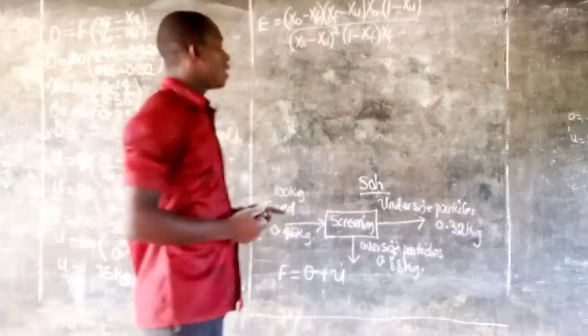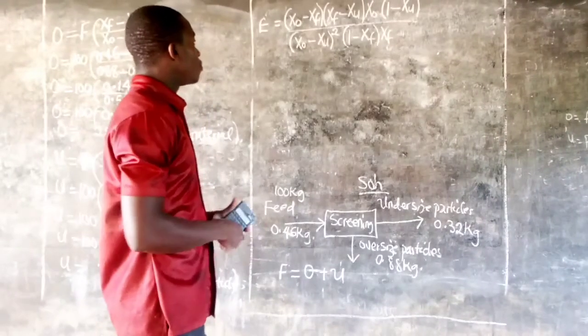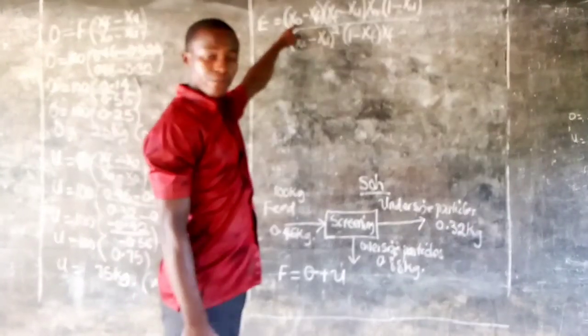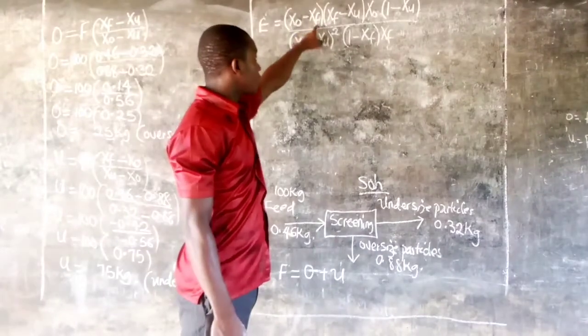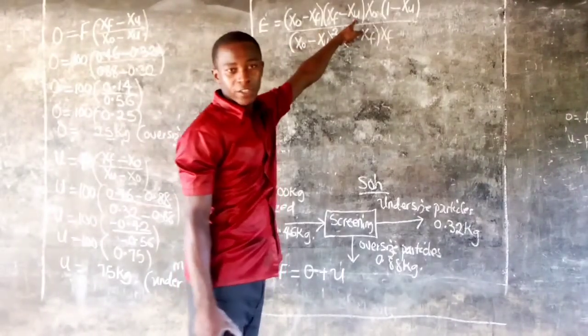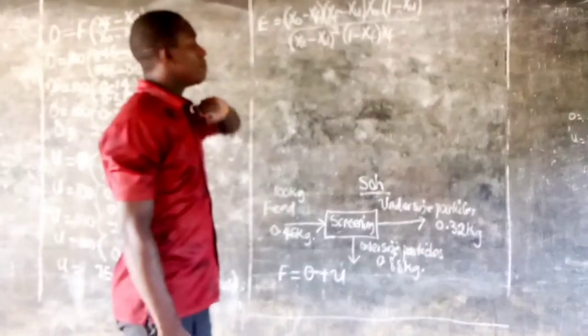And so what next are we going to do? We have the mass fraction of the oversized, the mass fraction of the feed, and then the mass fraction of the undersized material.